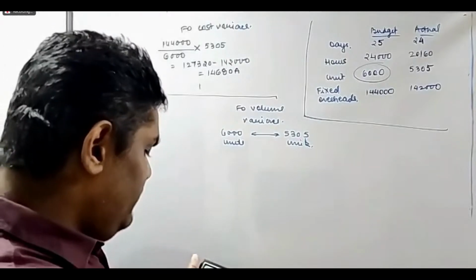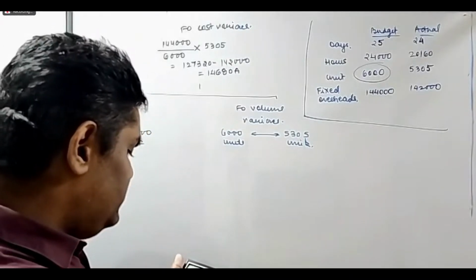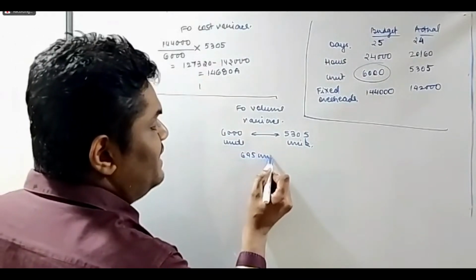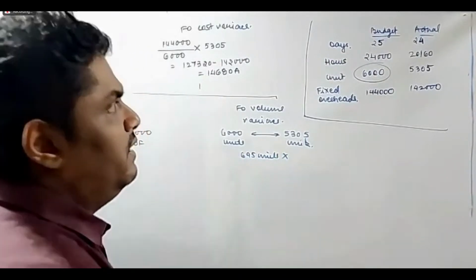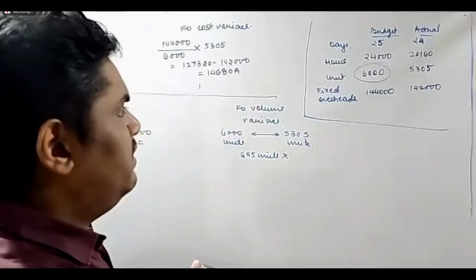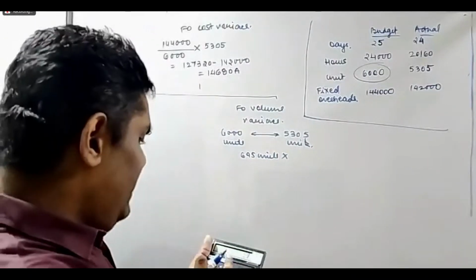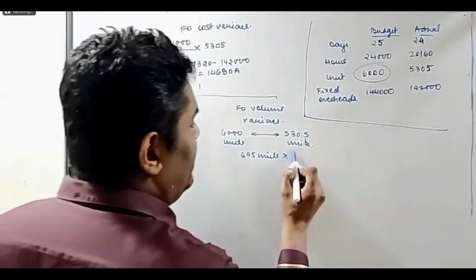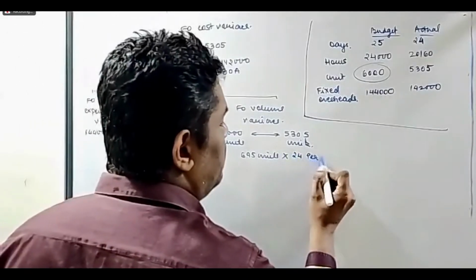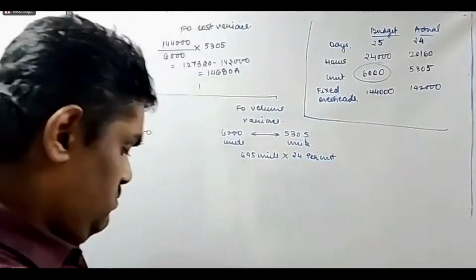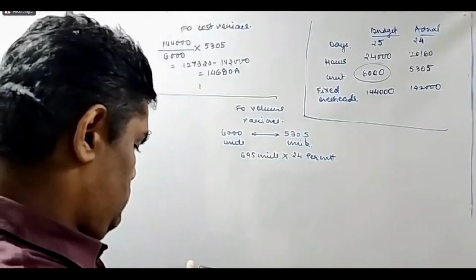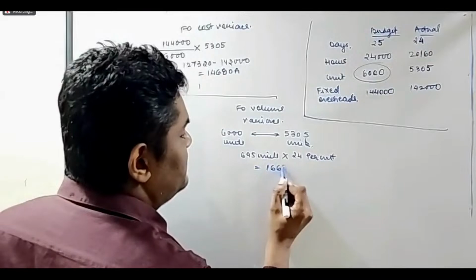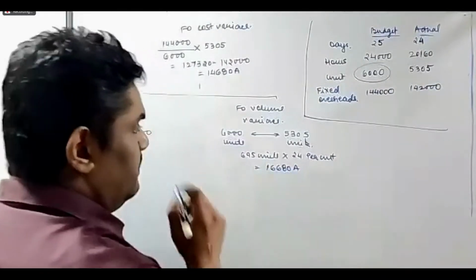So we manufactured 695 units less than what I expected, into the rate per unit, that is 1,44,000 divided by 6,000. So this will be 24 per unit. So this will be 16,680 adverse.